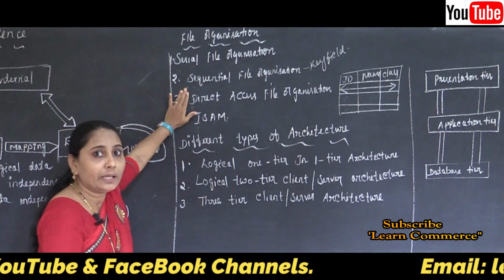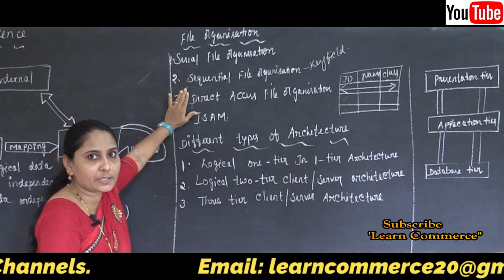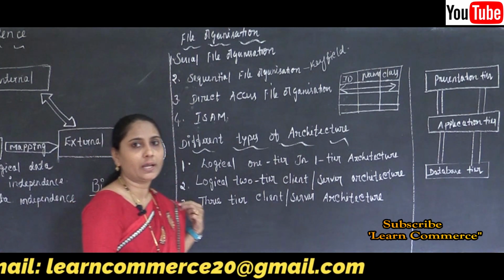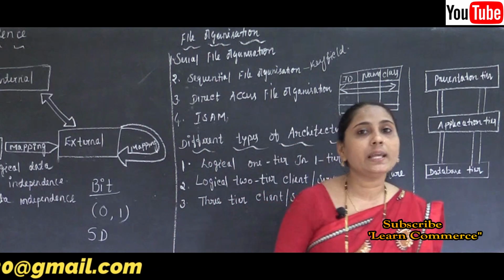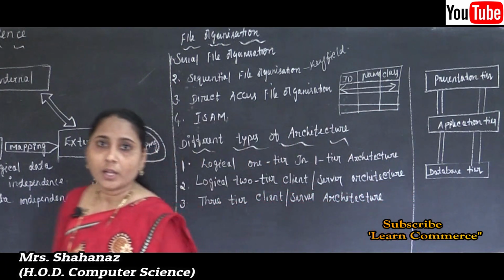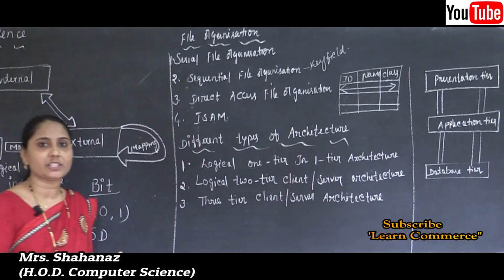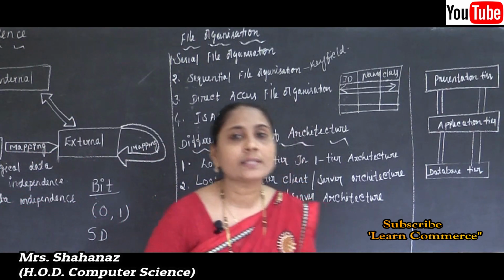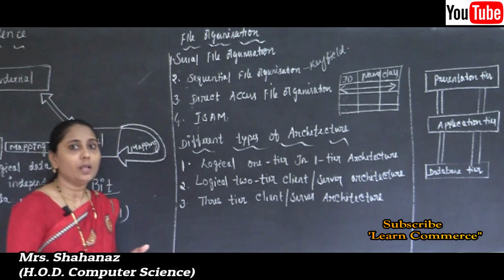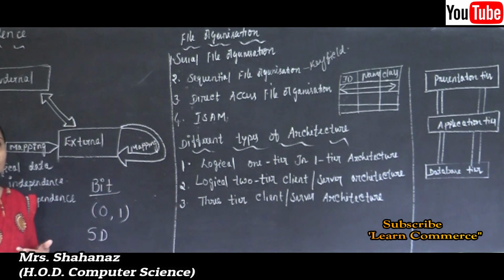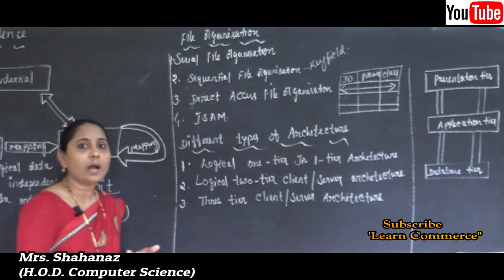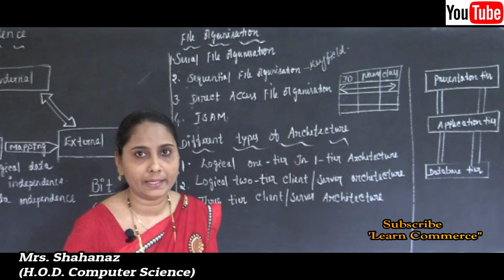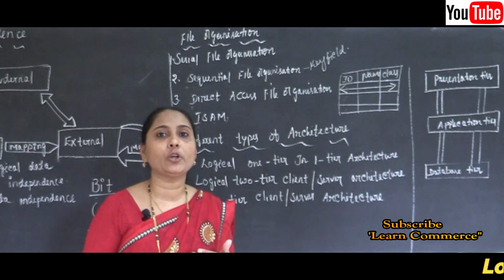With that, in this concept, I want to explain one more file organization, that is serial file organization. So what is serial file organization and how do we arrange the data in it? With serial file organization, records are arranged one after another, but in no particular order.